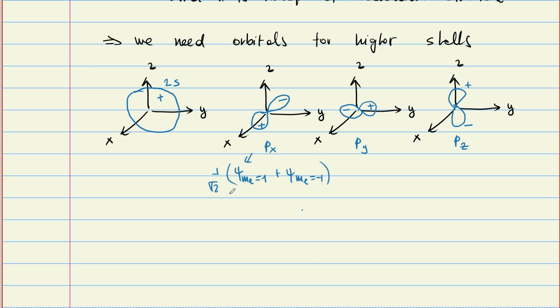Each one of these was kind of like a donut, and we said if we combine these two donuts, we are going to have a dumbbell in the x, y, or z direction. And similarly the second one is going to be minus in between, whereas this one is going to have ml equal to 0 here. So there are 3 options.